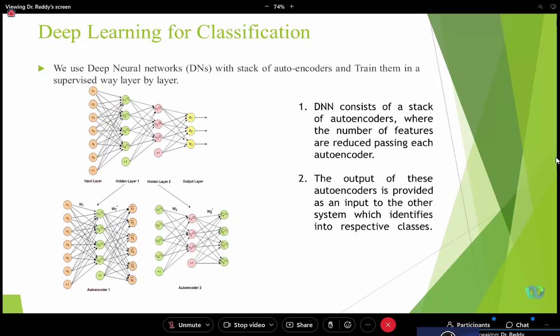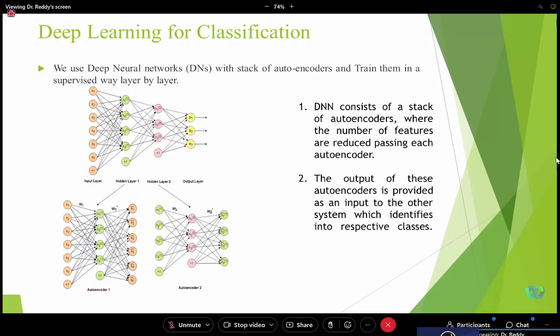And here, by passing through each autoencoder, we are trying to reduce the number of features. So when we pass the features through each autoencoder, we are extracting better features, which is a kind of dimensionality reduction.